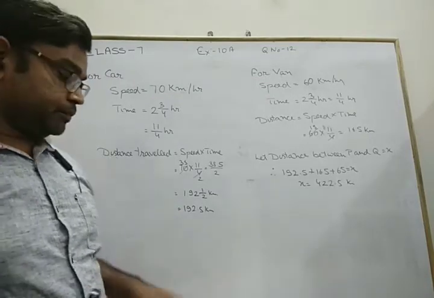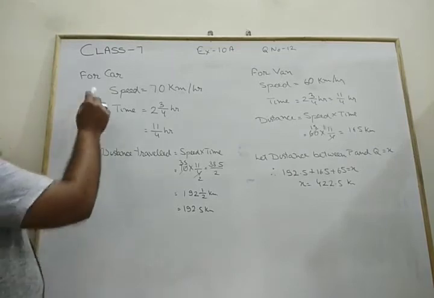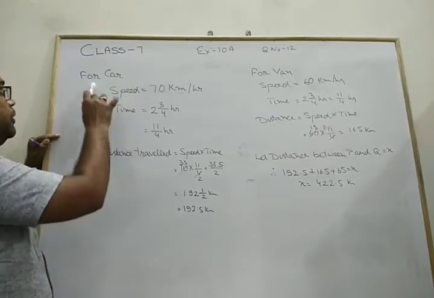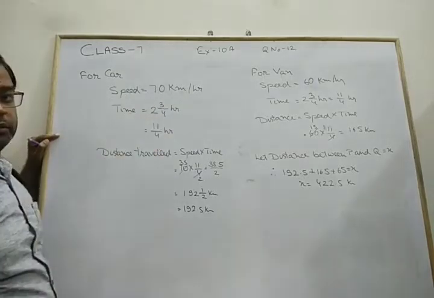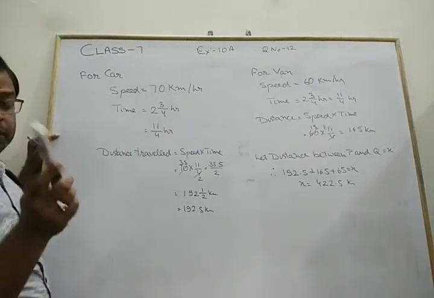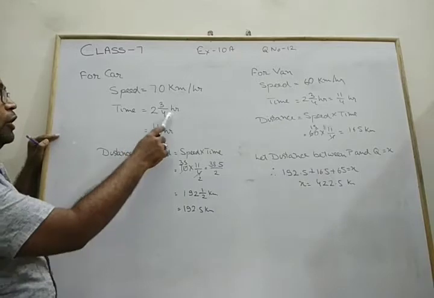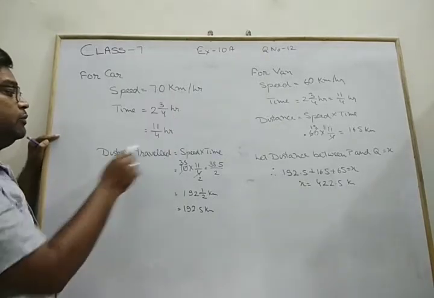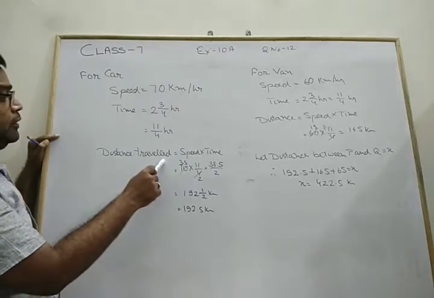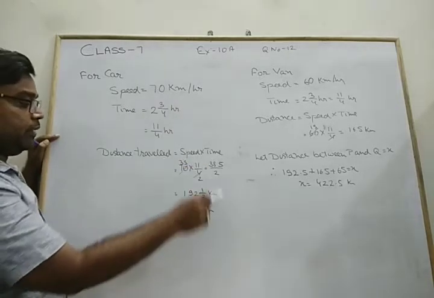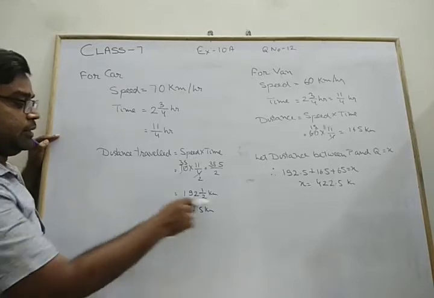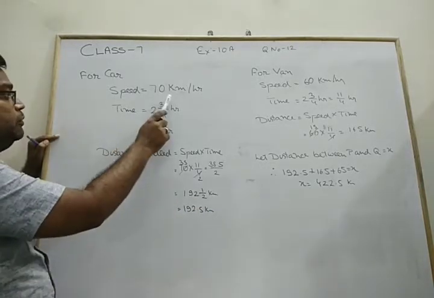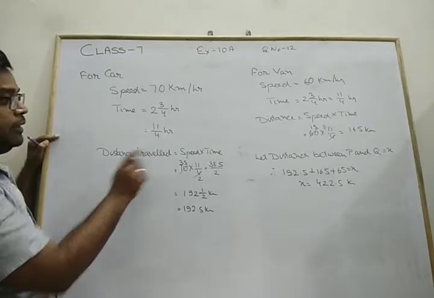So let's start. In the first case, we start with the car. As usual, the speed of the car is given, 70 km per hour. The time is 2 whole 3/4 hours, that is 11/4 hours. From these two we can find the distance traveled by the car, which is speed times time, and when we solve it we get 192.5 km.